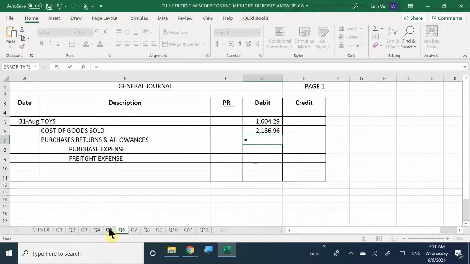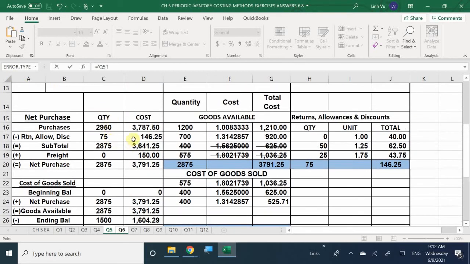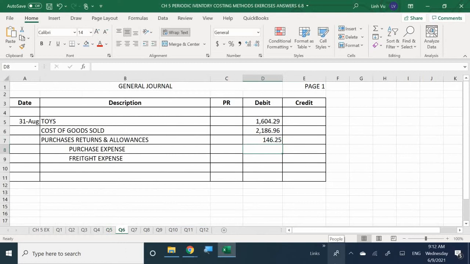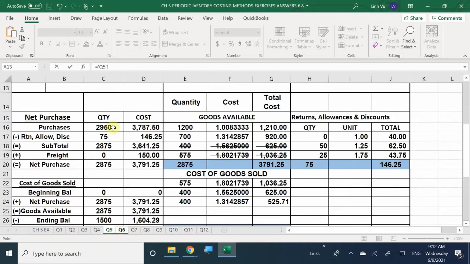What was the total cost of my purchase returns and allowances? 146. Good. What was the total purchase expense, or total price of my original purchases?